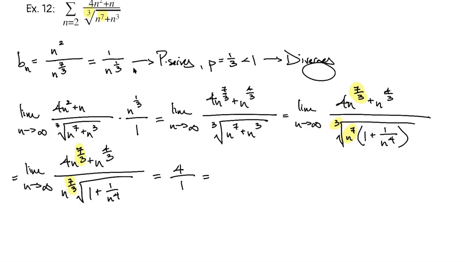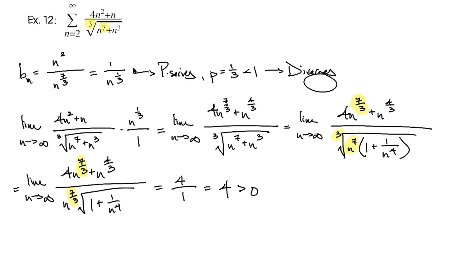That means the limit comparison test gave us the number 4. 4 is positive, 4 is finite, so it will follow the behavior of my b sub n. So this will also diverge.